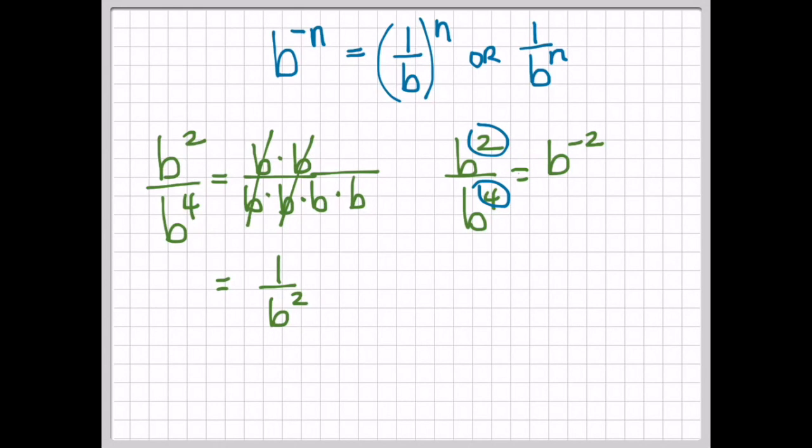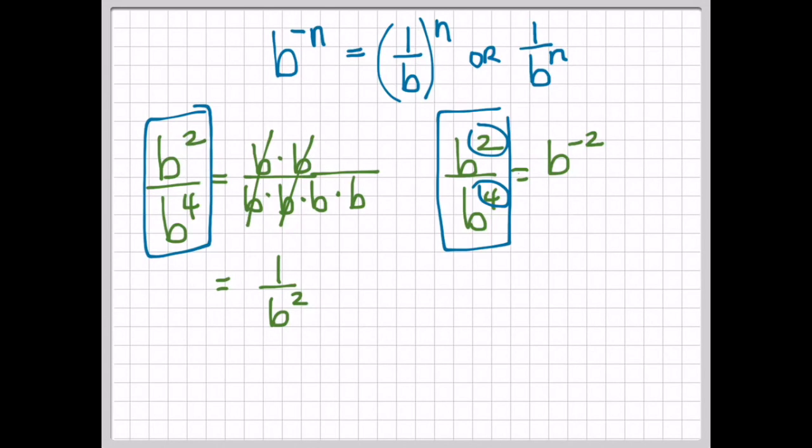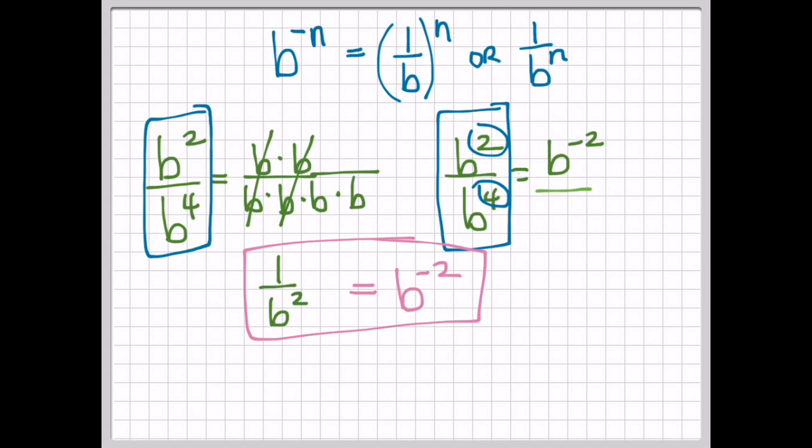So we started with the same problem on both sides, b squared over b to the fourth, and my final answers were 1 over b squared and b to the negative second. So what that really tells me is that 1 over b squared is really equal to b to the negative second, which is exactly what we tried to prove way up here at the top.